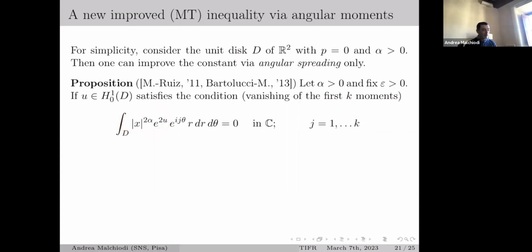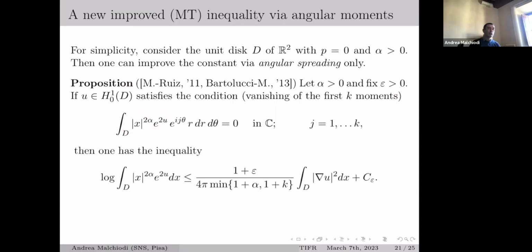If you have enough vanishing of angular moments, then you improve the Moser-Trudinger inequality in this way. The classical Moser-Trudinger constant is 1 over 4 pi. With a conical point, it would be 1 over 4 pi if alpha is positive.